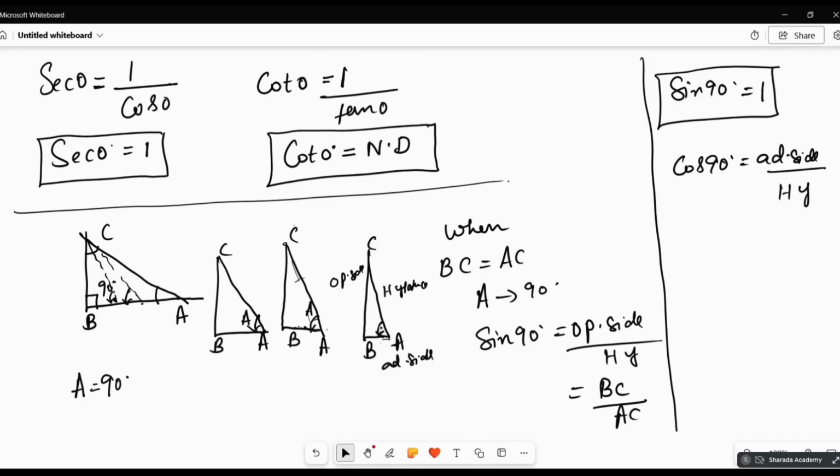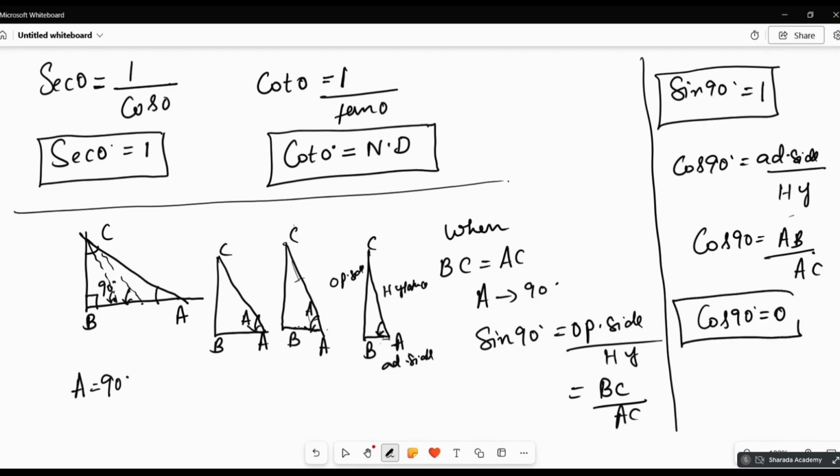So cos 90 will be equal to AB by AC, and AB tends to 0 when angle A becomes 90 degree. So cos 90 degree will be equal to 0.